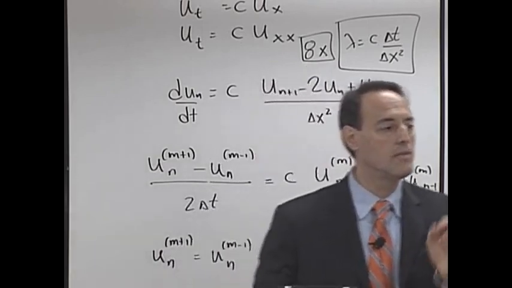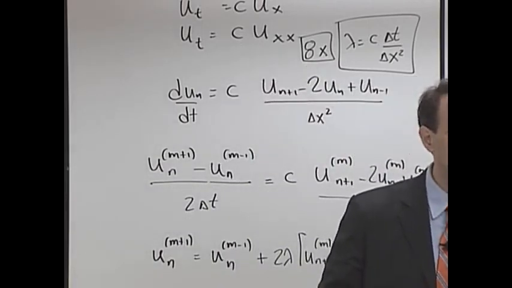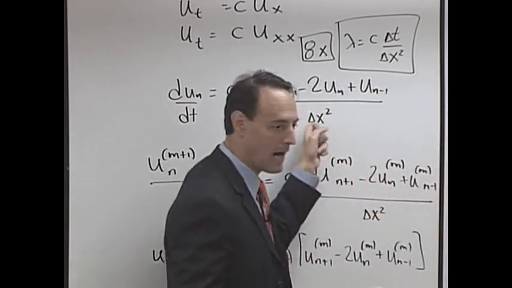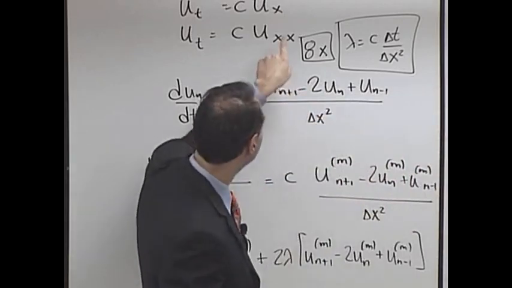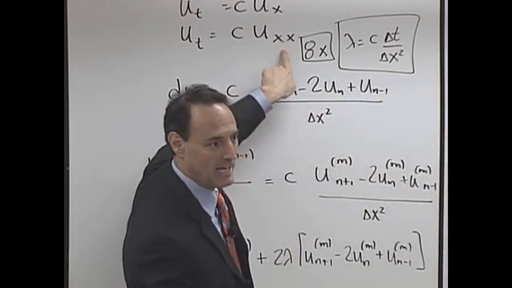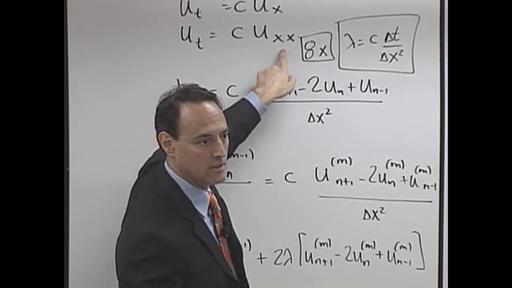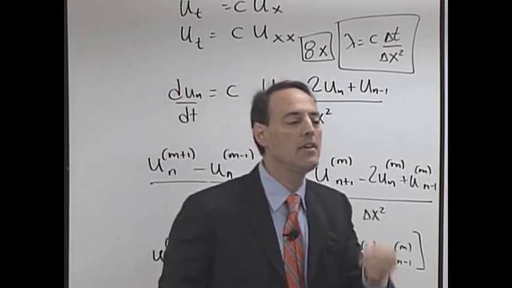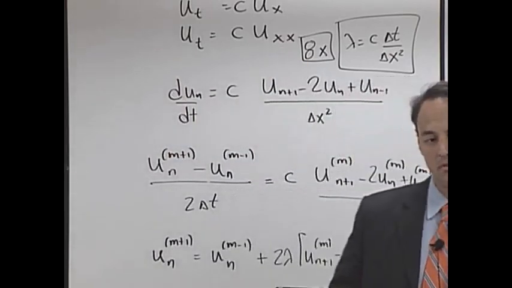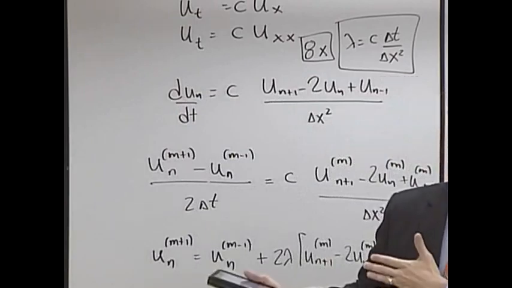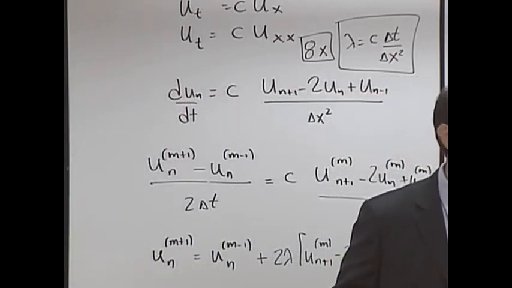And all of it is driven by the fact that you have a second derivative. This delta x squared on the bottom is due to adding an extra derivative there. So the CFL, even if you can't compute the von Neumann analysis, this is a very simple problem. We can do the von Neumann analysis completely out.